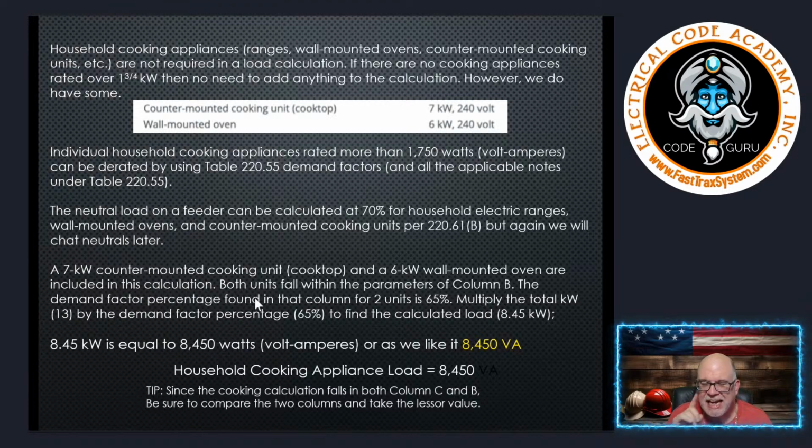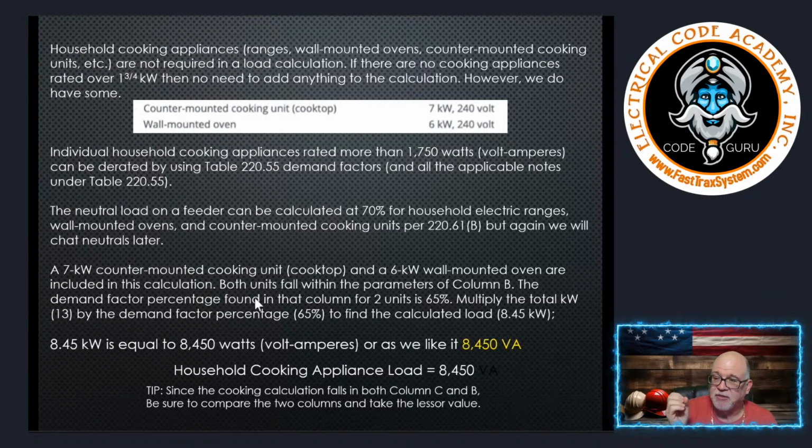Now, interesting language about the note, because what we're going to be using is note 3. It tells us that in lieu of the normal use of column C, which you use on most occasions, and you use the other notes like note 1 and note 2 when we're exceeding 12 kW ranges.